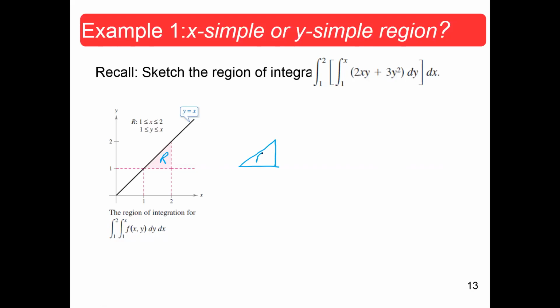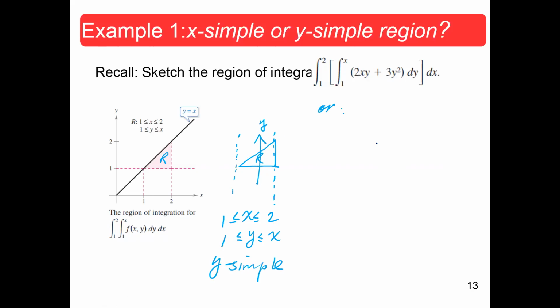Let me resketch this region R. I can say for x, it is bounded by two constants, right? As we have seen here, x is between 1 and 2. And then I can sketch an arrow representing y. Y would be between the lower function here, which is the horizontal constant 1, and the top one will be x. So if you do it this way, it's going to be a y simple region, right?